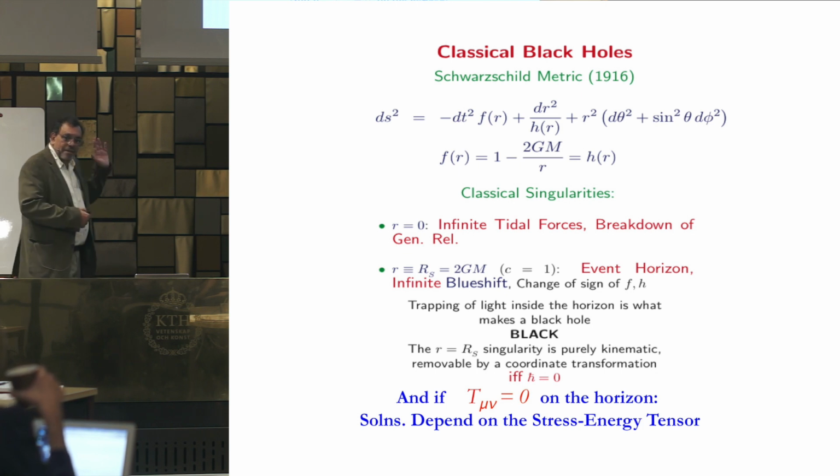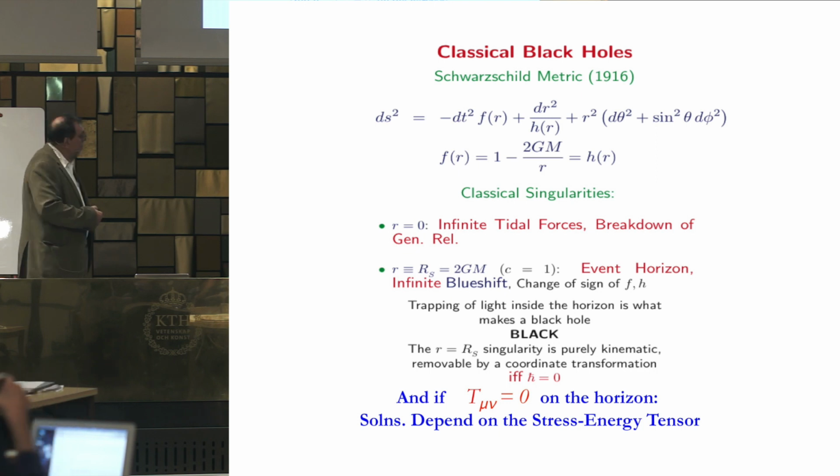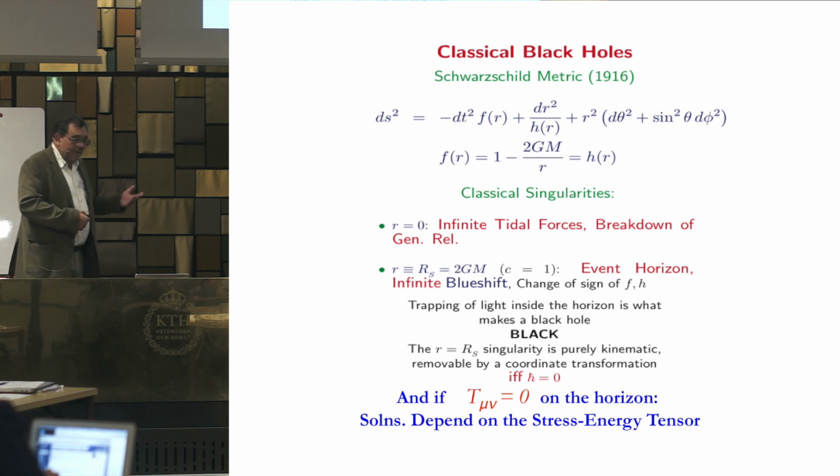Even in classical relativity, before we talk about quantum effects, of course I could have a sheet of radiation moving on the null surface at the horizon, and that would potentially change what's happening inside. So I just want to emphasize this obvious point that the solutions to Einstein's equations depend on the sources, and what we call a black hole is dependent on having nothing going on at the horizon.